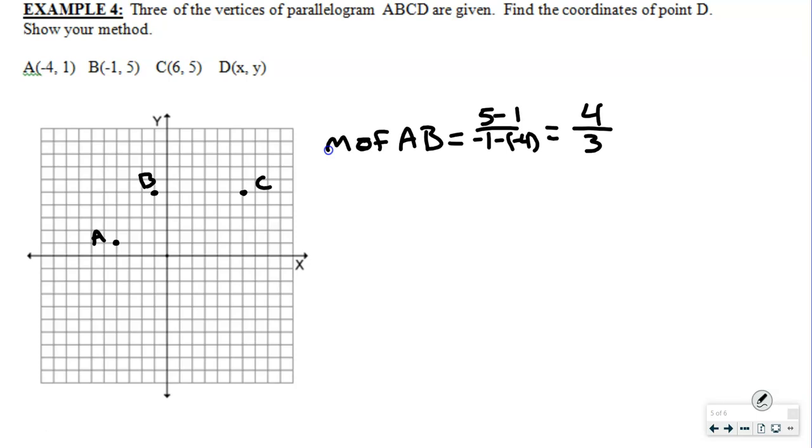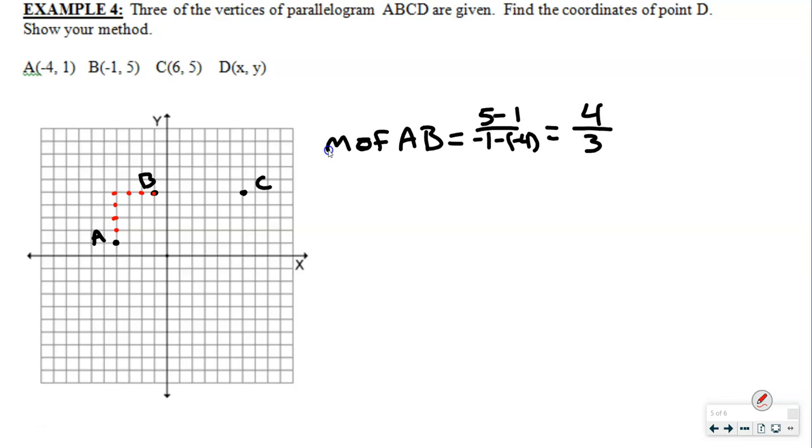So if I go back to the graph here and count up, I should be able to count up 4 and right 3. 1, 2, 3, 4. 1, 2, 3. So it does have a slope of 4 over 3. So to show this, to find D, I would have to do that in reverse.